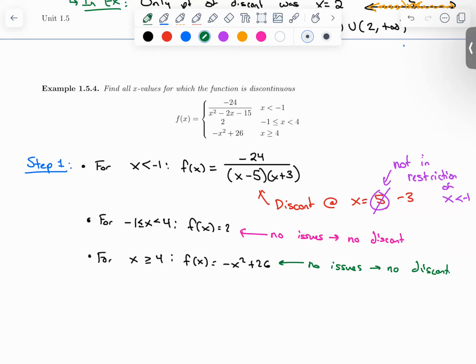Any questions on that? That's step one. We've checked every piece. Now we check the dividing values, for x equals -1.